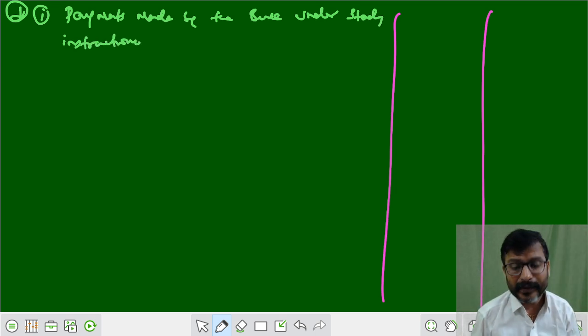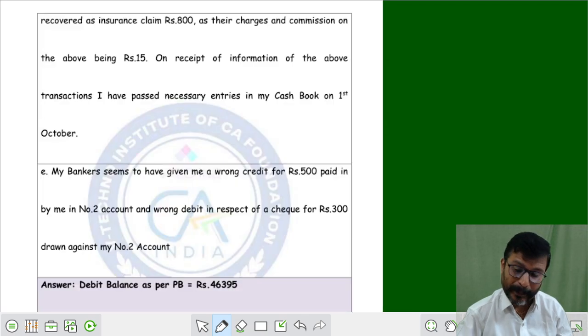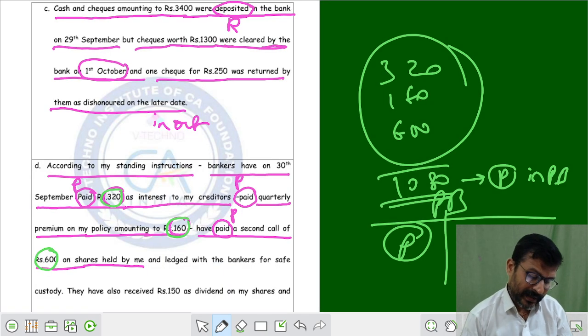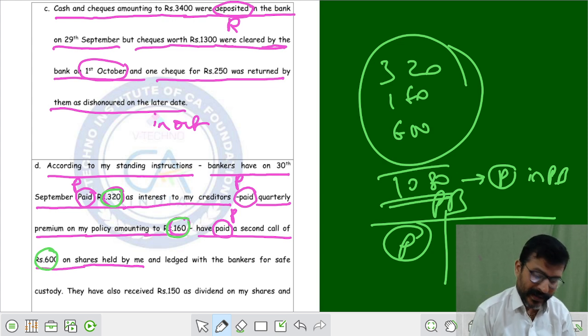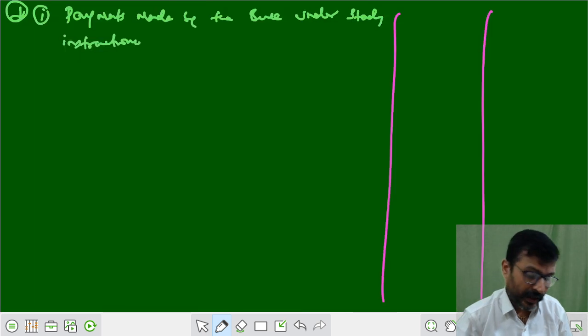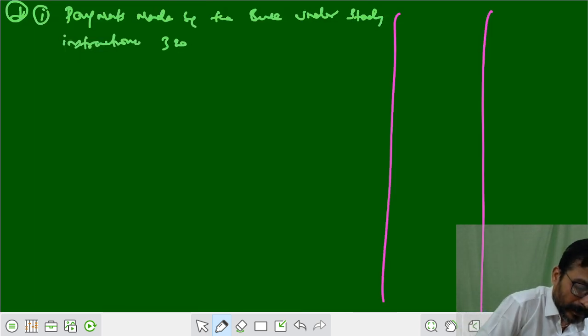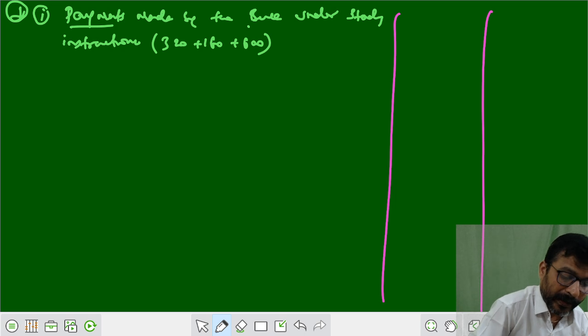How much payment? The banker made three payments: 320 interest to creditor, 160 quarterly premium paid on my policy, and second call is also paid, 320, 160, 600. That is payment made by banker.